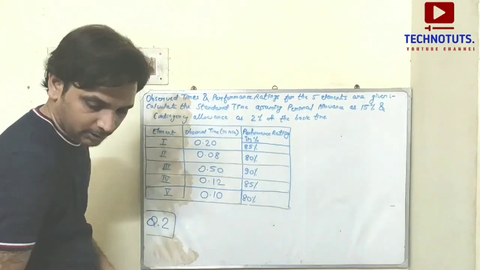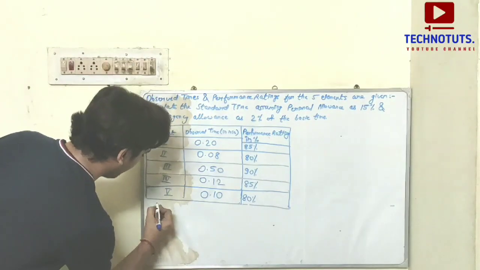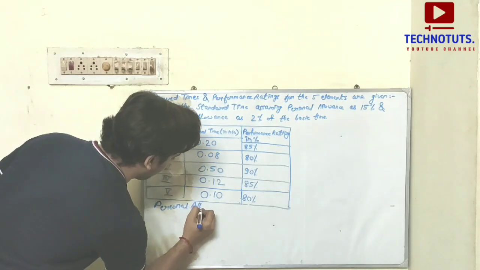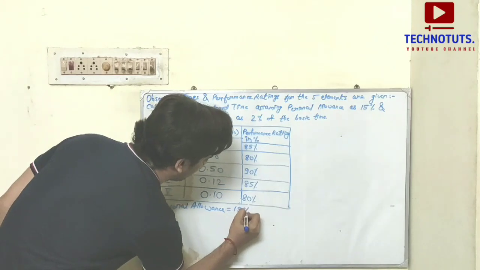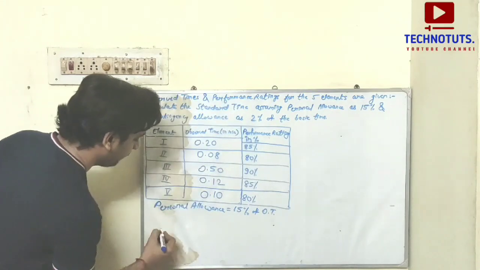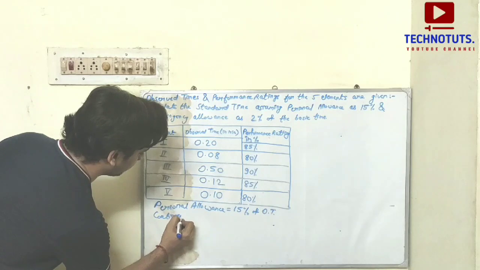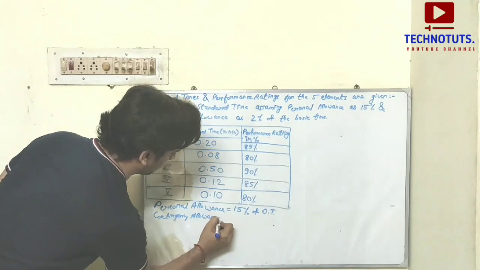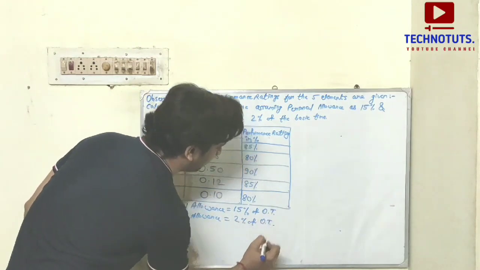So let us make a note that personal allowance is given as 15% of observed time, the basic time, and contingency allowance is given as 2% of observed time or basic time.